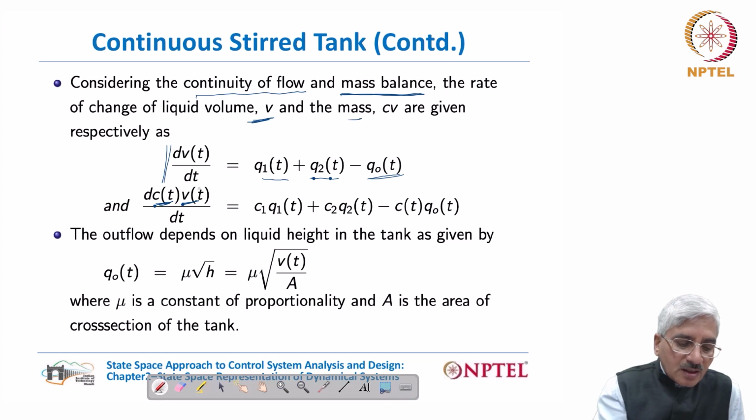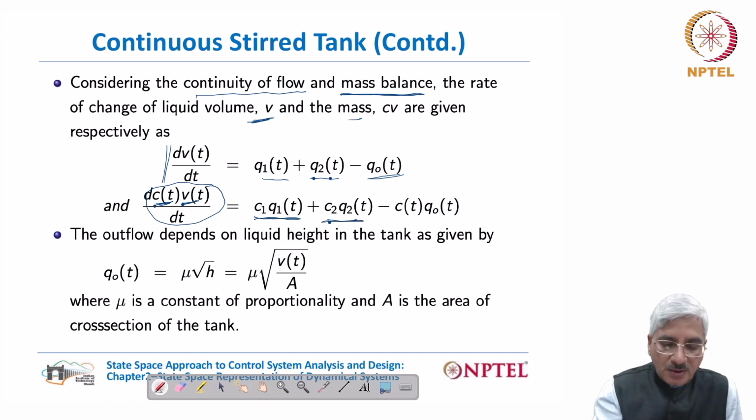The rate of change of mass will be equal to the mass flow rate entering, that is C1 times Q1 plus C2 times Q2. This is due to feed 1 and this is due to feed 2, minus the outgoing mass, which is the concentration Ct times the outflow rate Q0. So thus we have these two differential equations.